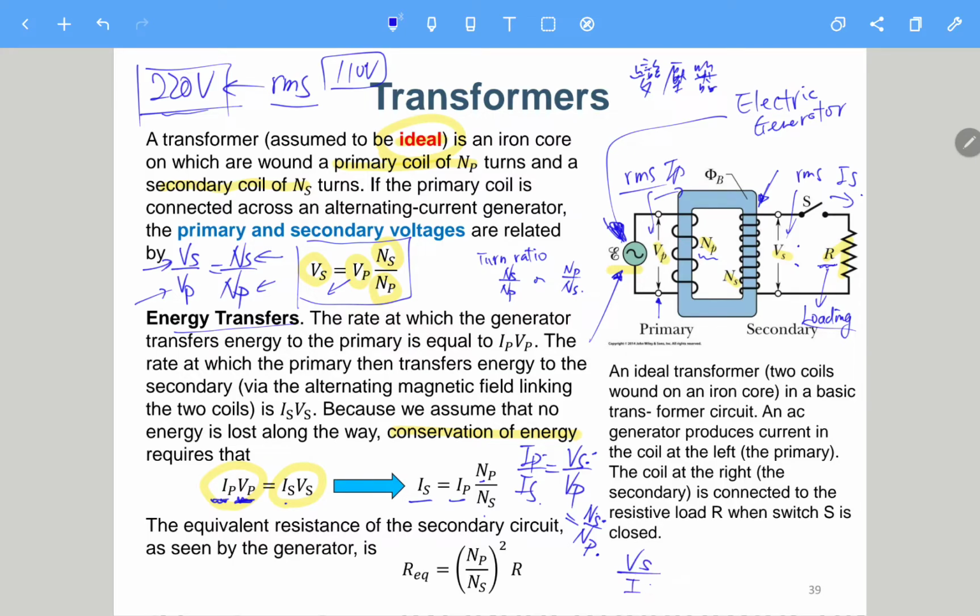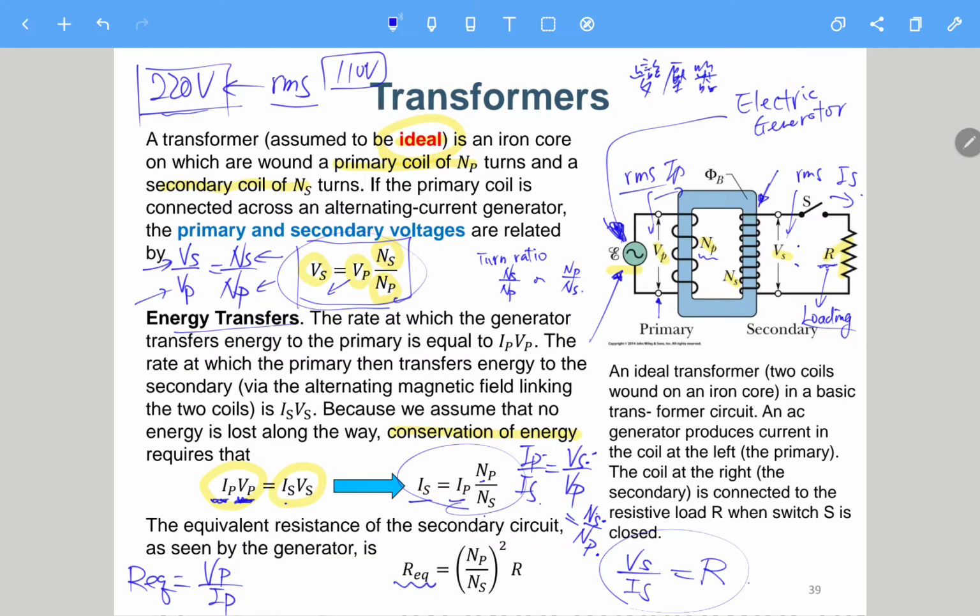Vs over Is equals R. You can see this is the so-called R equivalent, which is Vp over Ip. We don't explicitly connect a resistance in the primary coil, but given this condition and also this condition, Vp and Ip should have another ratio.